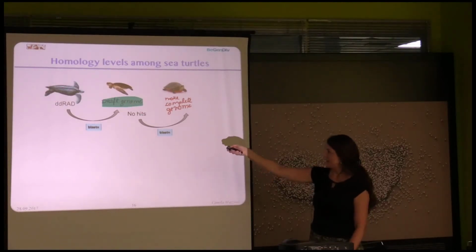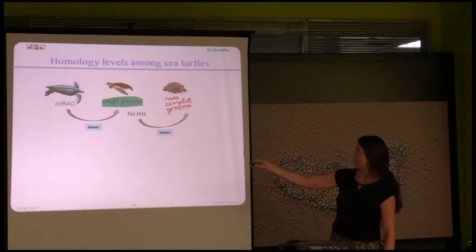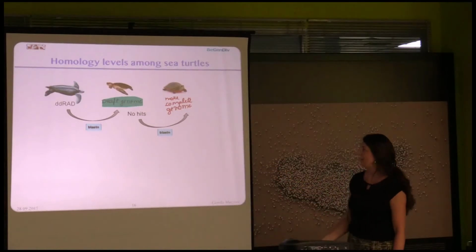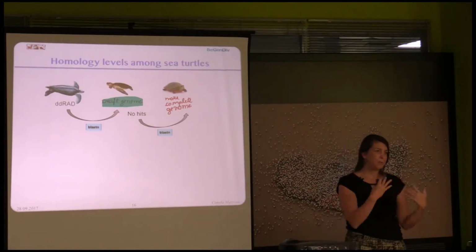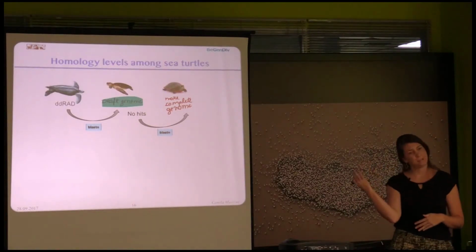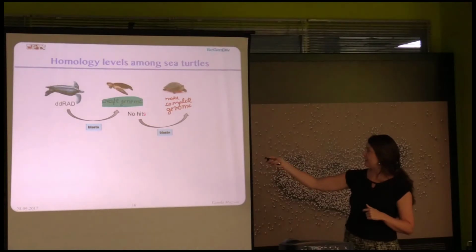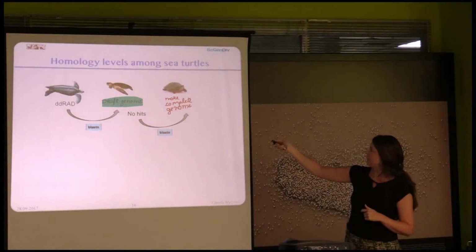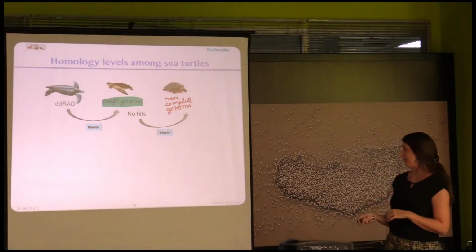So we did a BLAST, which just means we compare our sequences by identity to the draft genome, looking at how many times we would have a hit, some sequence that was similar to the sequence in the genome. When we didn't have a hit, we used the more complete genome, in case something was missing in the draft genome.